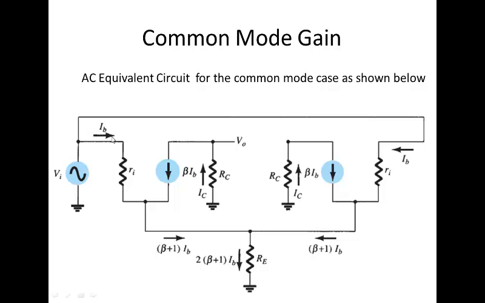In this case, this is IB entering in this direction, and this is also entering into the base, and these are the emitter currents, beta plus 1 IB and beta plus 1 IB, and at this point these two currents are adding and become equal to 2 into beta plus 1 IB.